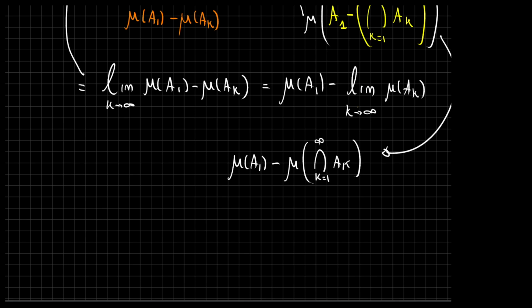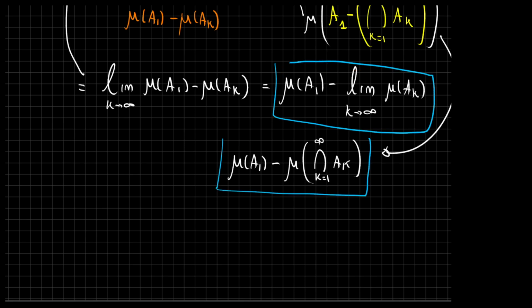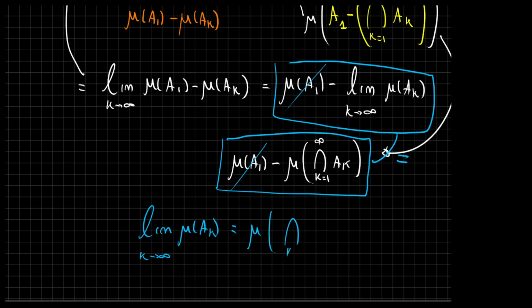So since these were all equalities, we have shown that this thing here is equal to this here. So if they are equal, then you can cancel these finite terms and conclude that the limit of this here is equal to the intersection here.